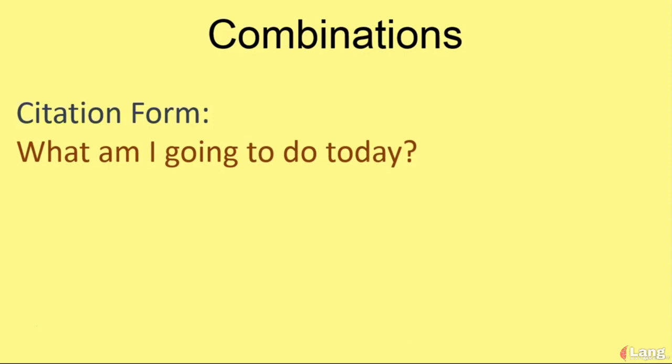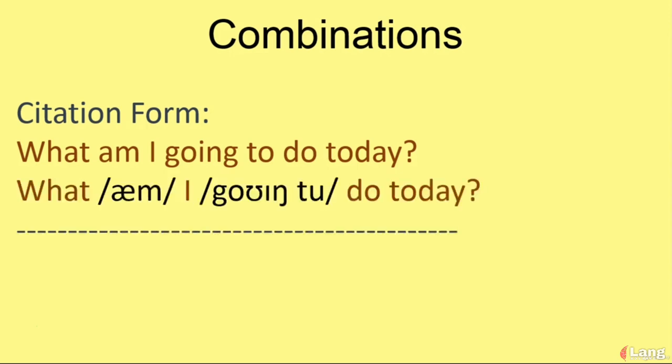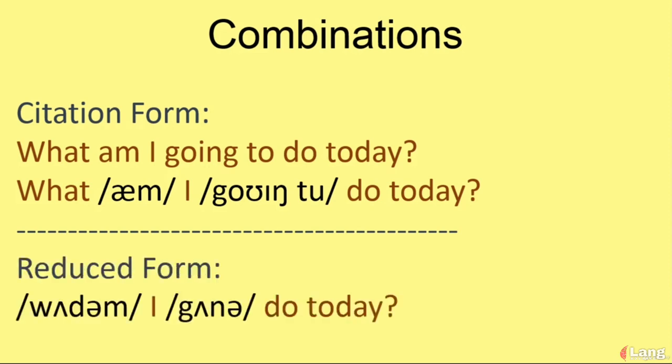For example, in this sentence, what am I going to do today? There are two sets of words, "am" and "going to," and these are often combined and reduced in the same sentence. So instead of saying, what am I going to do today, we might say, what am I going to do today?